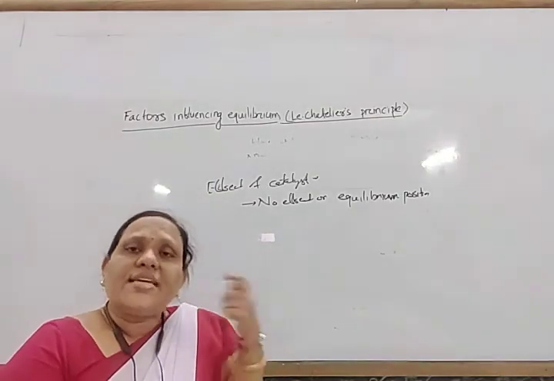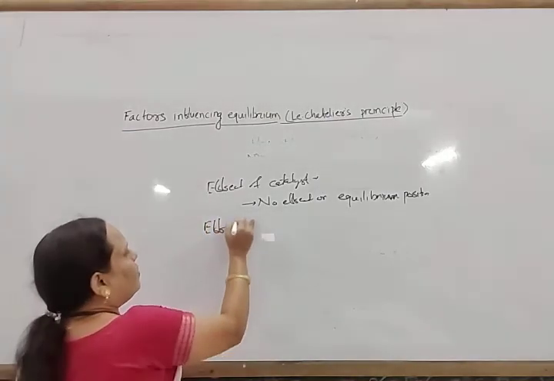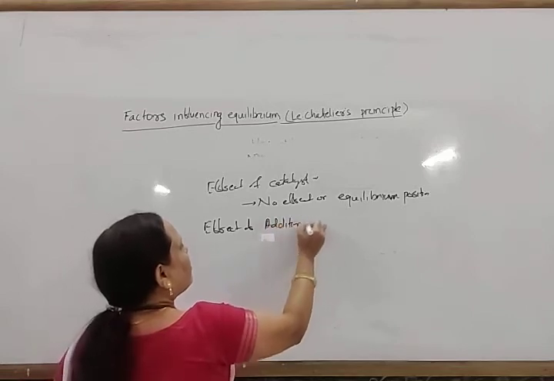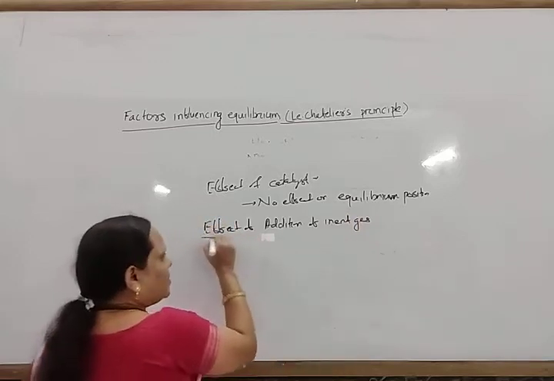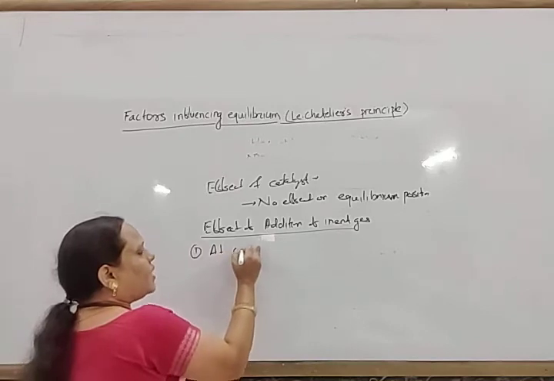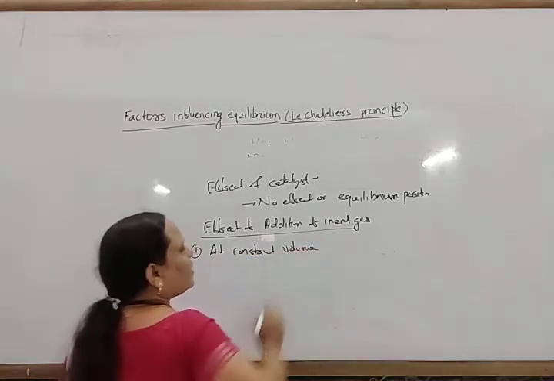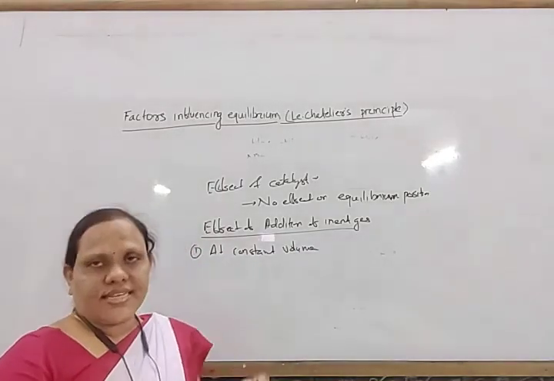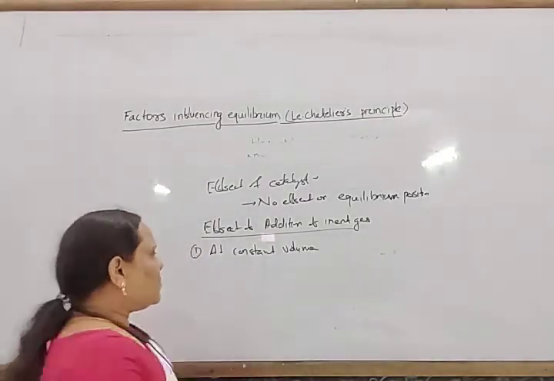Next, if some inert gas is added, then what happens? Effect of addition of inert gas. If the inert gas is added at constant volume, then there is no change in the equilibrium position.